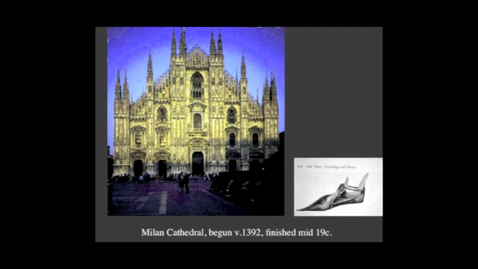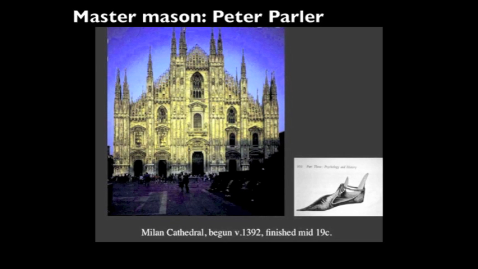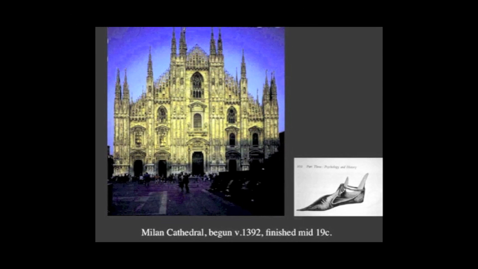So foundations get put in, the church gets initiated, and in fact, to build it, they bring in a Bohemian master mason, Peter Parler, who had built lots of churches in the Czech Republic, area then known as Bohemia, and in Germany.